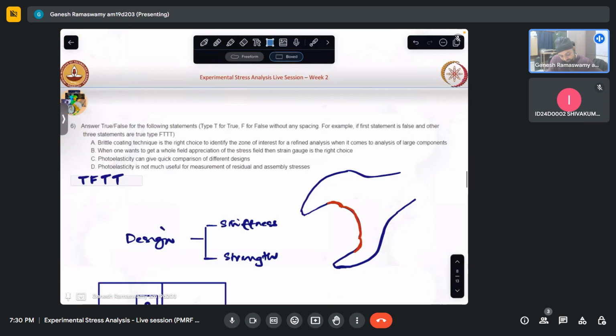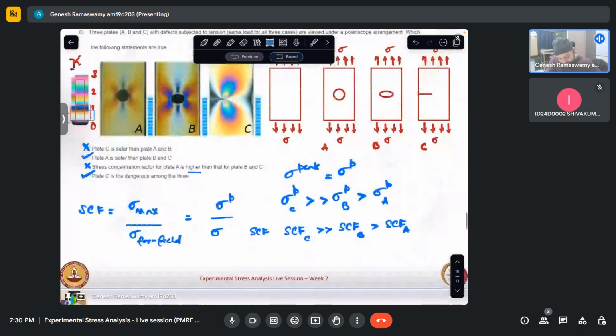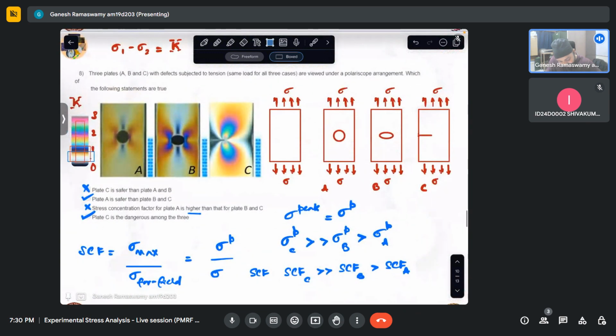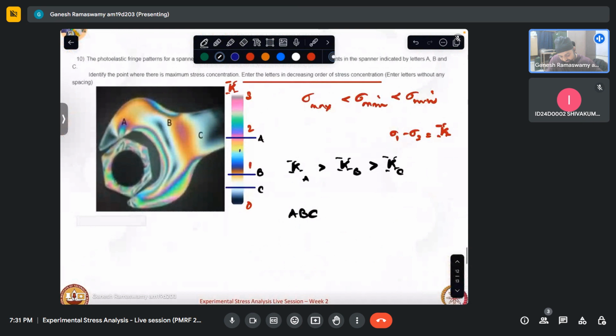Whereas if we go here, we are able to see that this blue fringe has this thickness, whereas here the thickness reduces. Similarly, I could give more examples based on this spanner also.